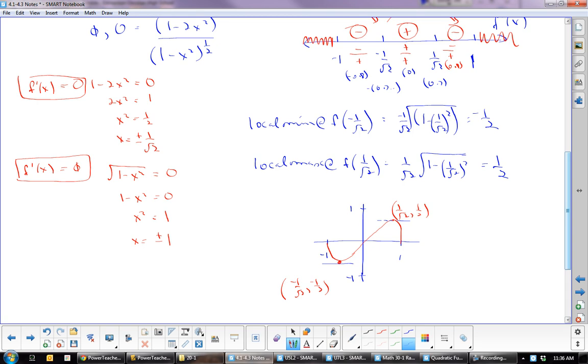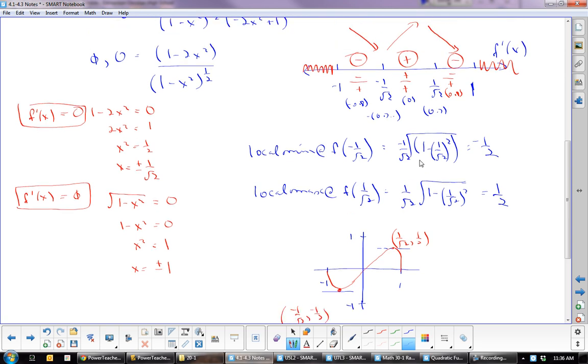That makes sense. And according to this, because this is -1 over root 2, it was decreasing, then increasing, and then decreasing.